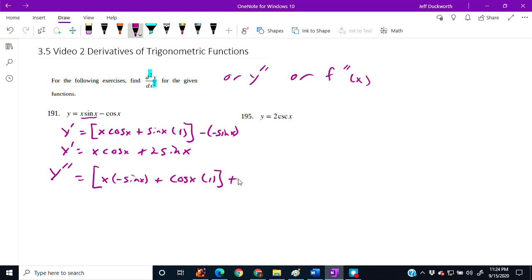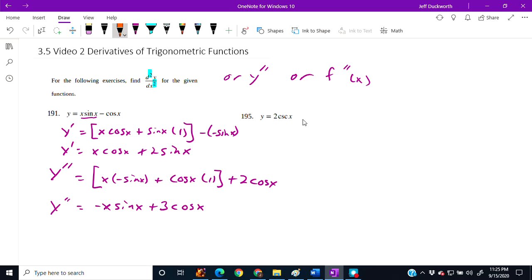That's just 2 cosine. So plus 2 cosine of x. And we can clean this up a little bit. We have negative x sine of x. And then we've got, looks like, 3 cosines. So plus 3 cosine of x. And that's our second derivative.